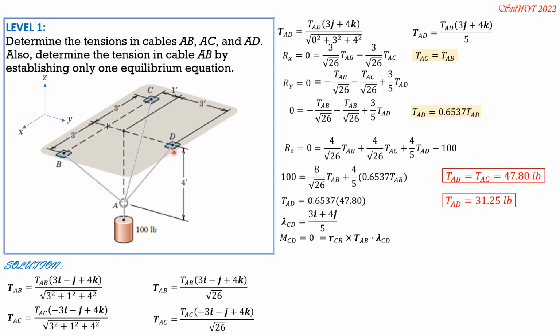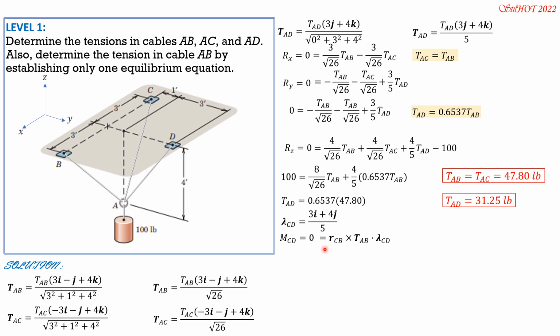You can also choose R CD if you want, but the simpler is R CB because it is just 6I. If you have R DB, then it should be 3I minus 4J, so it's longer. So we better choose R CB, cross the force.